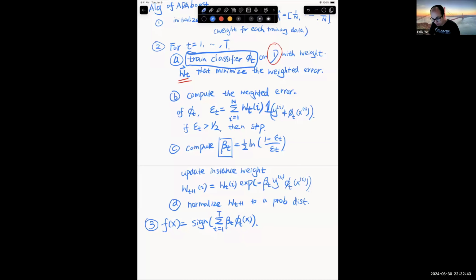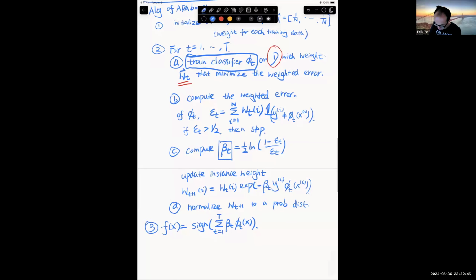All right, so this is very important. There are a bunch of things you have to keep in mind. The beta t right here measures the importance of phi t. If my error is bigger, then my weight should be smaller.